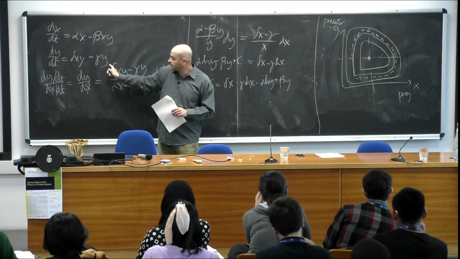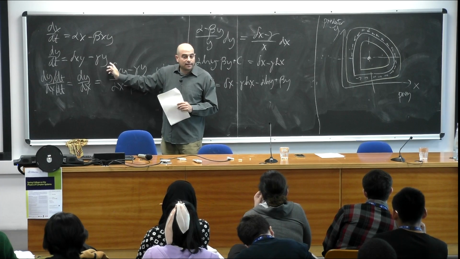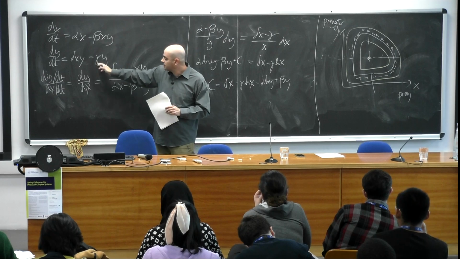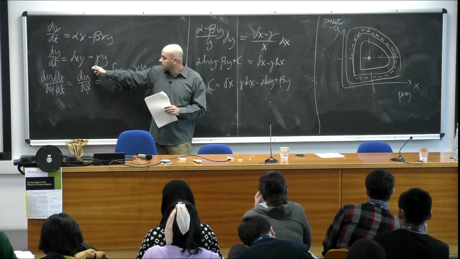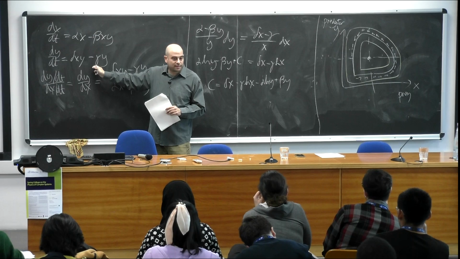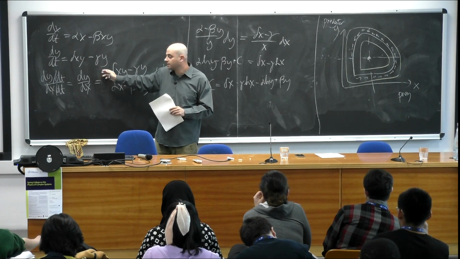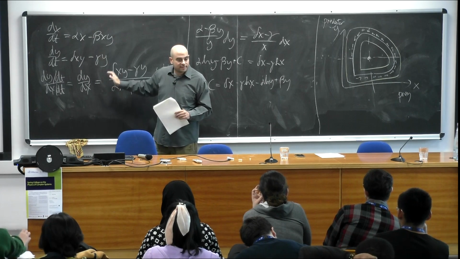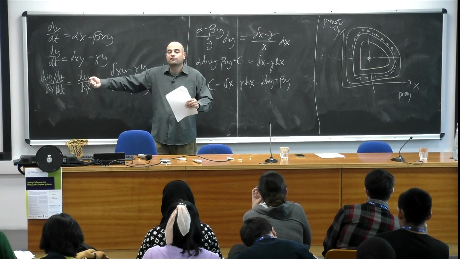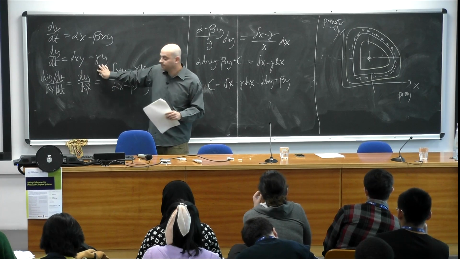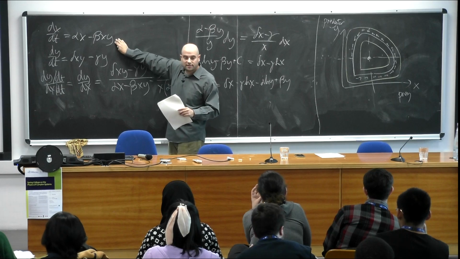Having this minus gamma y means that if y gets too large, then it gets pulled back, right? This is like Hooke's law, right? This is like a spring, right? If we think about this as the force, right, term, then the farther away I get from equilibrium, the stronger force I have pulling me back, right? But I don't have this here.